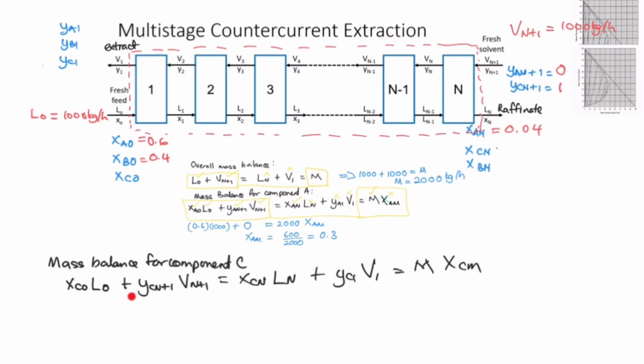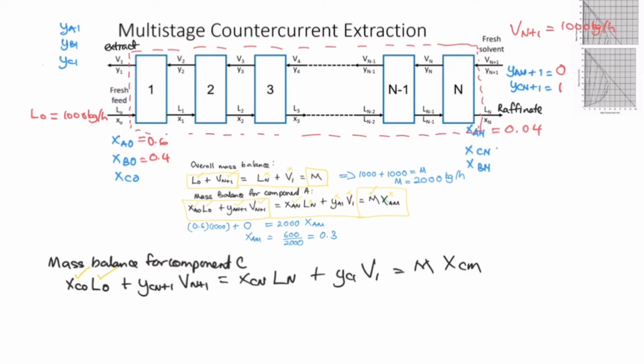Now let's look at what information we have on the schematic diagram that we have drawn, and try to substitute here to see whether we can solve something from this particular mass balance for component C. Okay, let's go on with that substitution. Take a look at the data that we have. Do we have XC0? Yes, XC0 is equal to 0, and L0 we have already, which is 1000.